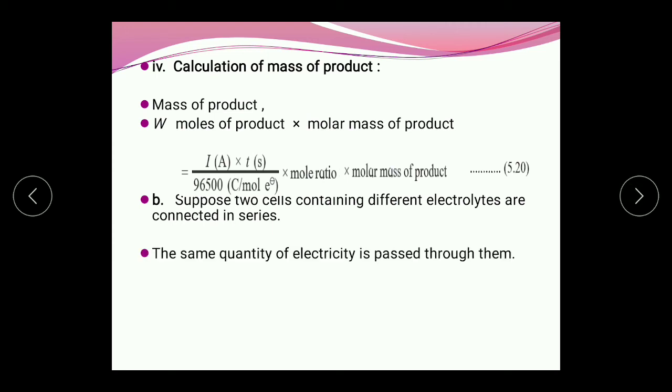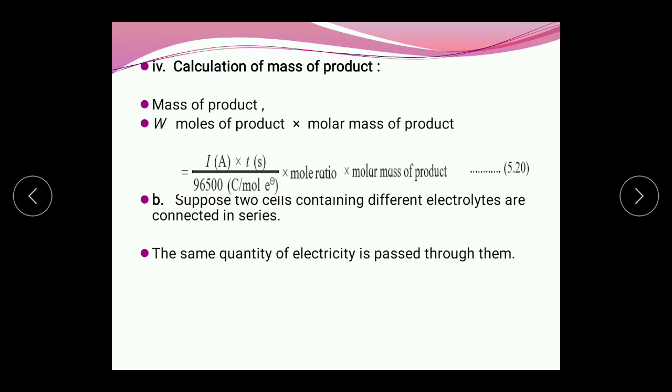Because we are going to pass the same amount of electricity through both containers. The anodes of both containers are connected to the positive terminal of the battery, and the cathodes to the negative terminal. The quantity of electricity passed through both cells is the same, and it goes to the anode and cathode of the corresponding cell.